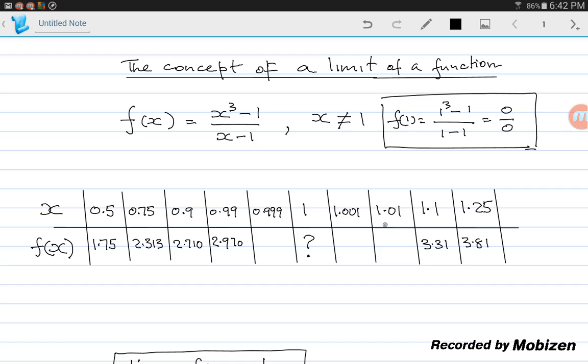If I let x equal to 1.01, I get f of x to be 3.030. Let x equal to 0.999, I get 2.997 for f of x. And at x equal to 1.001, I get 3.003.